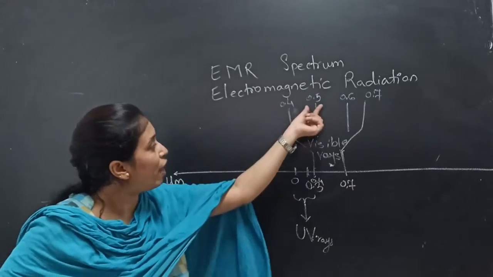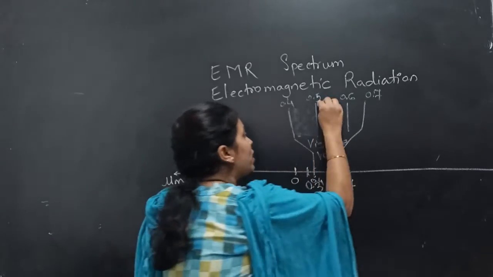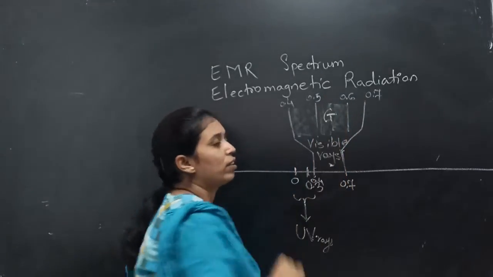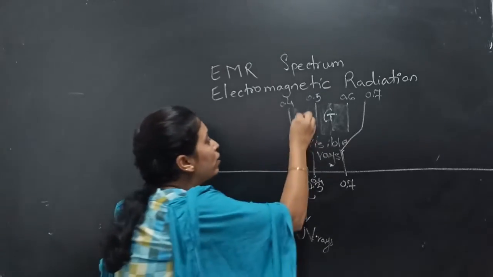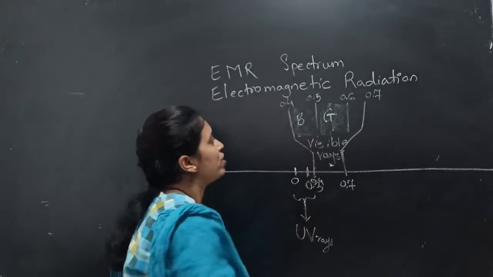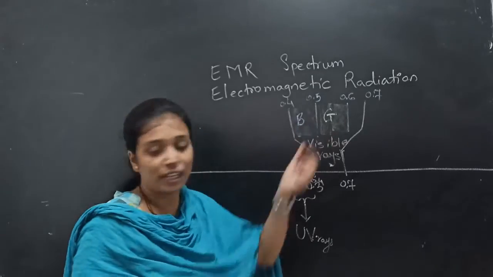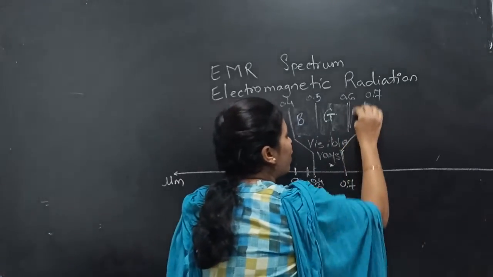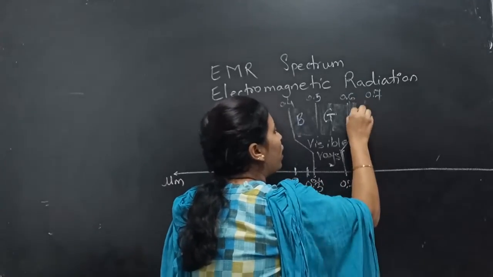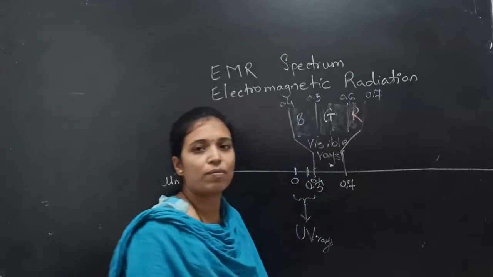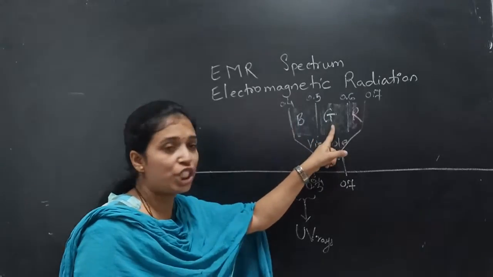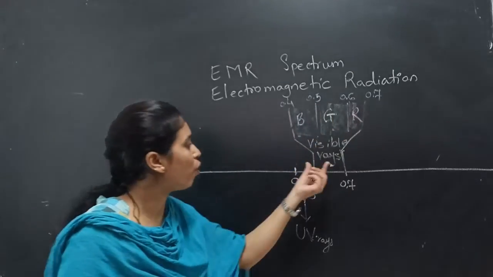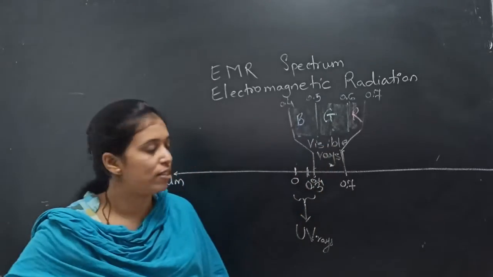Then 0.5 to 0.6 is the wavelength of green color, and the last one, from 0.6 to 0.7, is the color red. So this is the BGR, that is blue, green and red wavelength of visible rays.